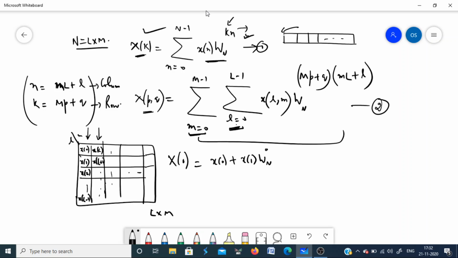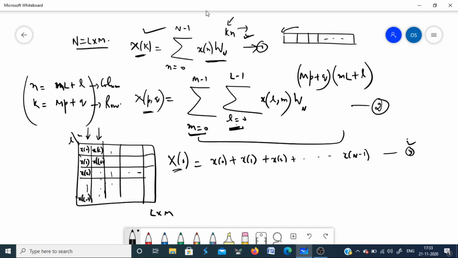It means this factor will always be set to 1 because k is 0, so W to the power 0 is always 1. So the first element is simply x0 plus x1 plus x2 plus x3 up to x of N minus 1. Sum of all the elements. That is your first sample x0.